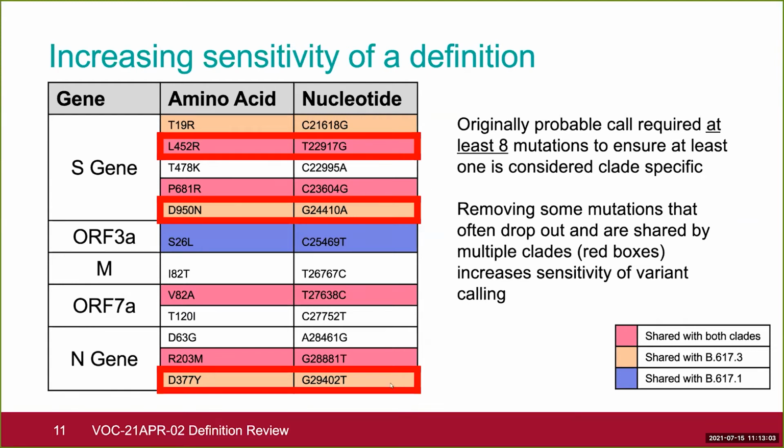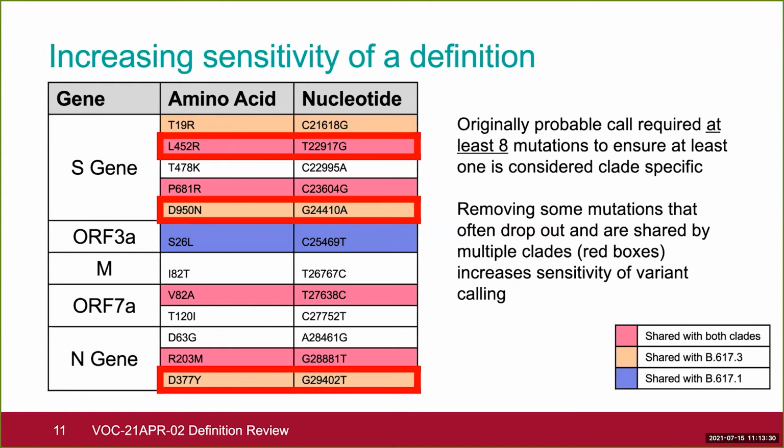So we looked at the definition to see if we could increase the sensitivity, and the way we've done that is by removing some of the mutations that we see dropping out very frequently that aren't really that informative in terms of the actual Delta clade itself. Those were S:452R, S:D950N, and in N, the D377Y mutation. So those were taken out.